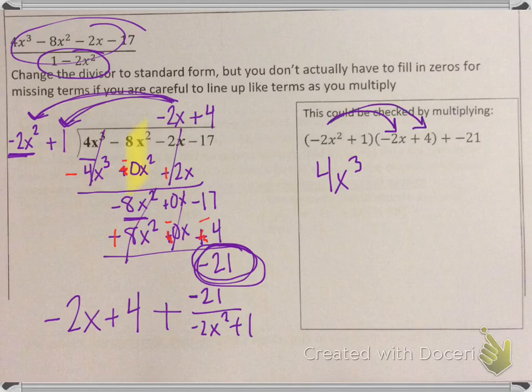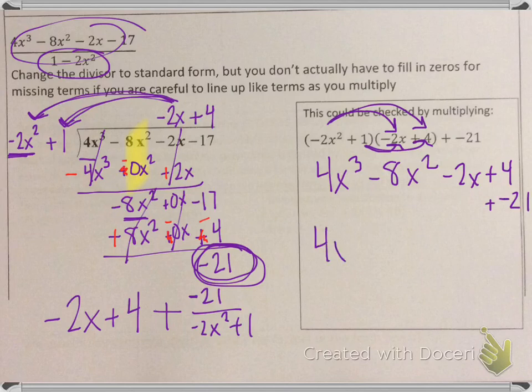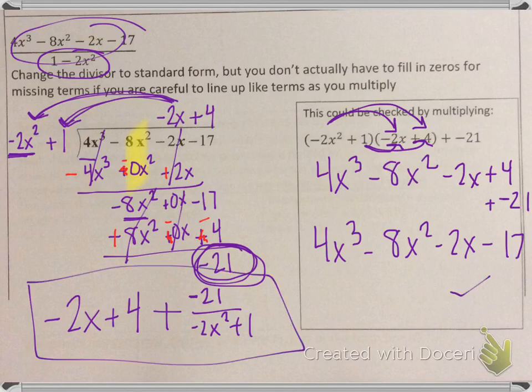Negative 2x squared times 4 is negative 8x squared. 1 times negative 2x is negative 2x. And 1 times 4 is 4. And then plus negative 21. Let's see what that gives us. 4x cubed minus 8x squared minus 2x minus 17. Yes, that was the original problem, so we are good. Our answer is set. Okay?